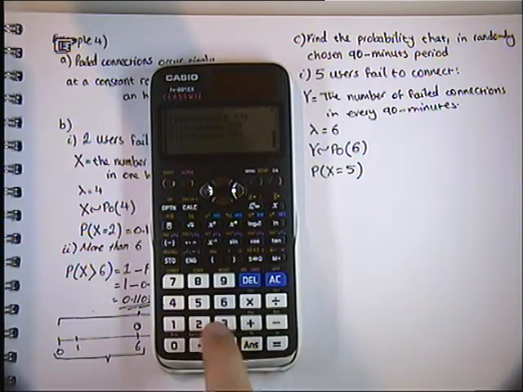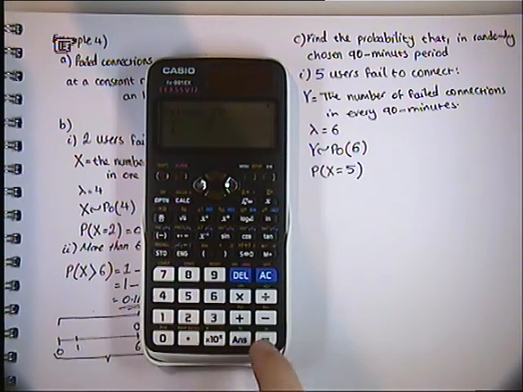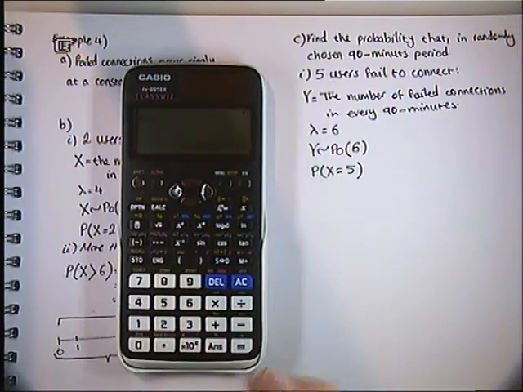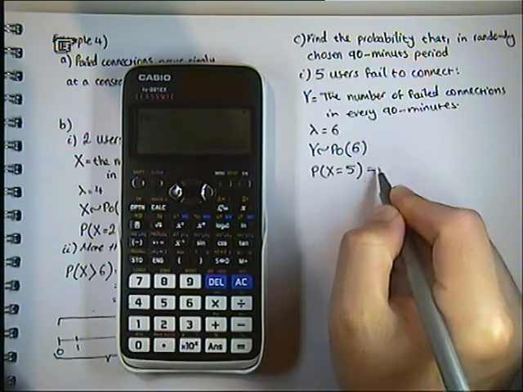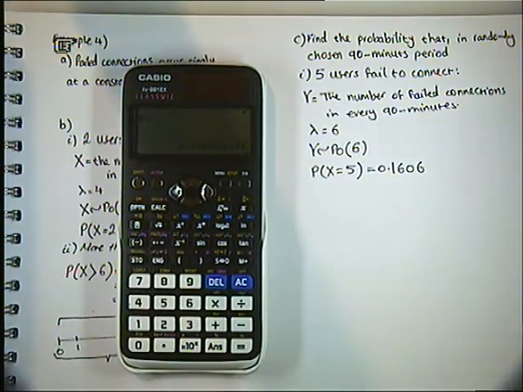Poisson PD, and x is 5, lambda is 6. This is 0.1606.